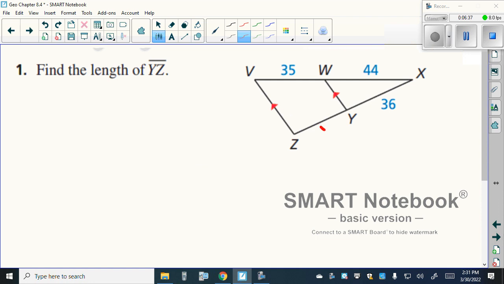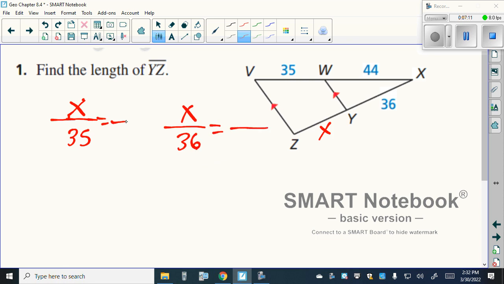So this one here, we're trying to find the length of zy. I'm just going to call it x because that's what we're used to calling the missing term or value that we're looking for. So how would we set this up? So x over either, let's see, because some are wanting to say 35 and some are wanting to say 36, yes?